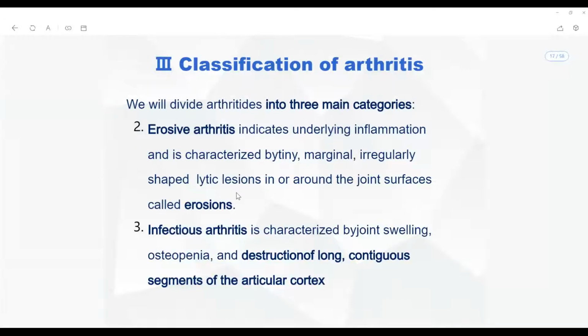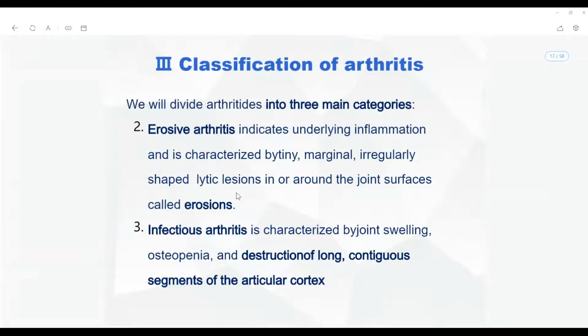A lytic lesion means destruction of the bone, which shows up as radiolucent or hypodense regions, or sometimes heterogeneous densities.